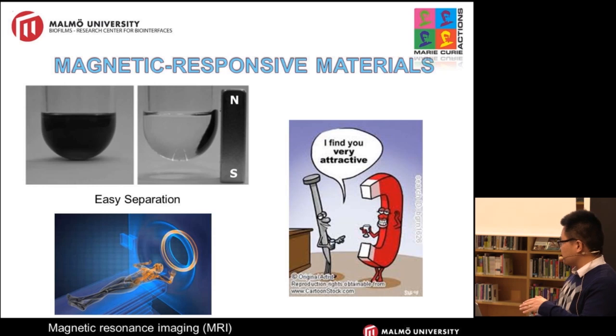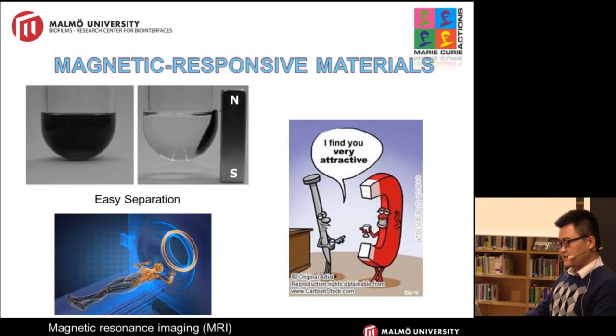But most important, I think, in biomedical use is magnetic resonance imaging. This is a very useful technology you can find in every hospital. It makes a picture of your organs or tissue structure in the body. Using magnetic responsive materials, we can get a much stronger signal, and the image will be clearer for diagnosis. So this is very useful in medicine.